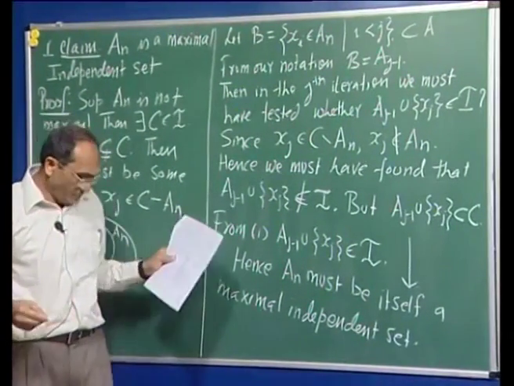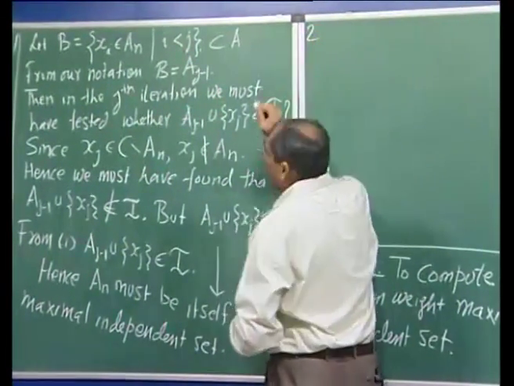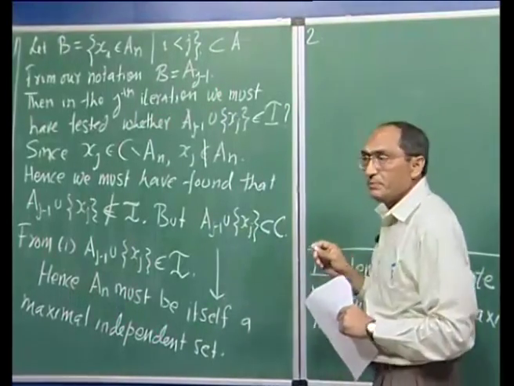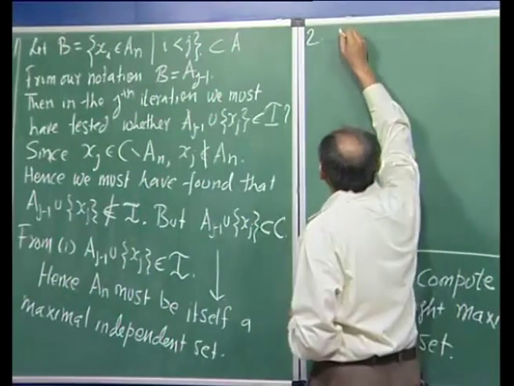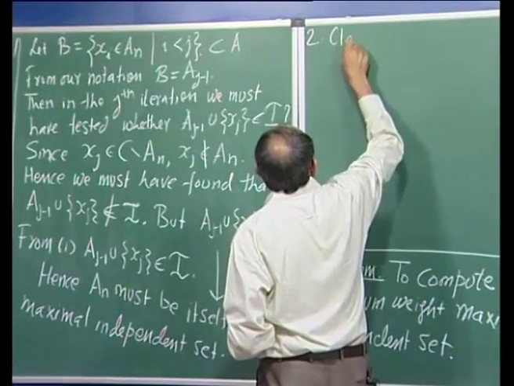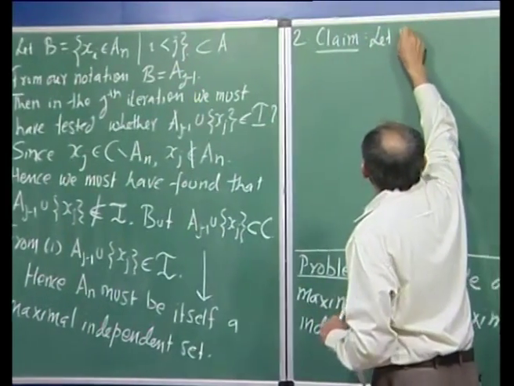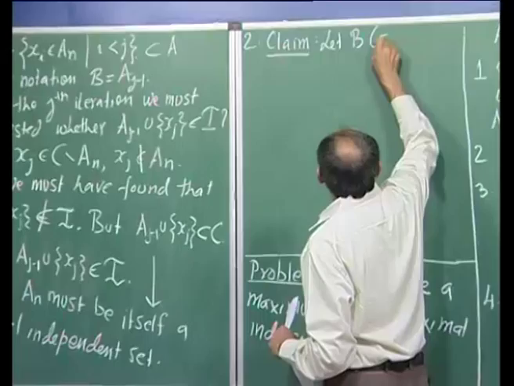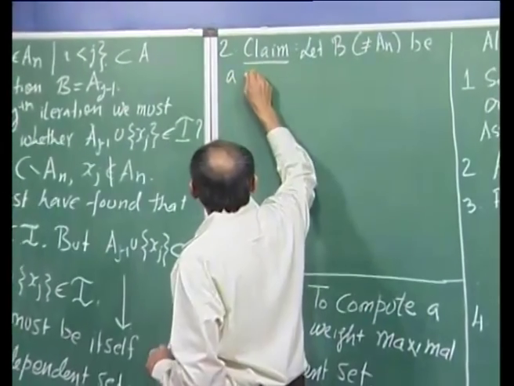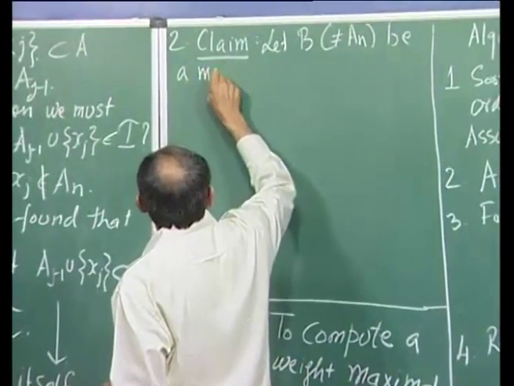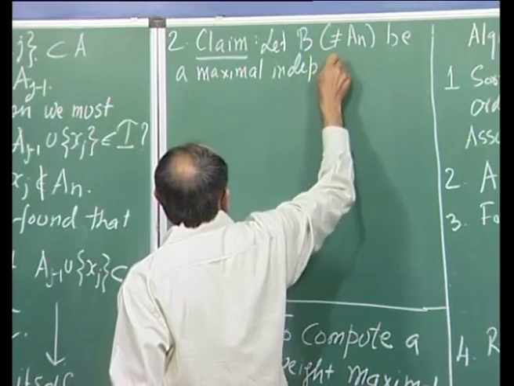Next, we want to prove another useful claim, and the claim is the following. Let B, not the same as A_n, be a maximal independent set.